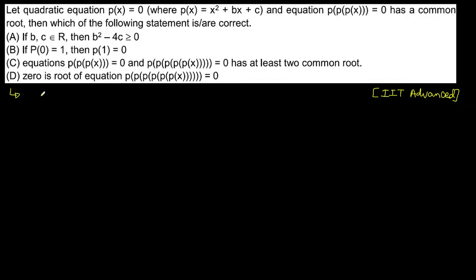Okay, that means P(alpha) is equal to 0. There is some common root. P(alpha) is 0.